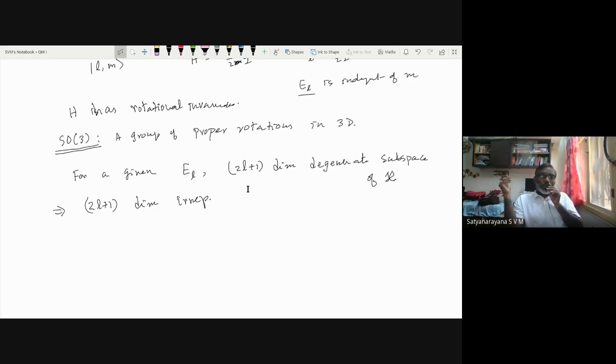It's an infinite dimensional vector space, so you can have infinitely many irreducible representations, but every irreducible representation is basically a 2L plus 1 dimensional irreducible representation.